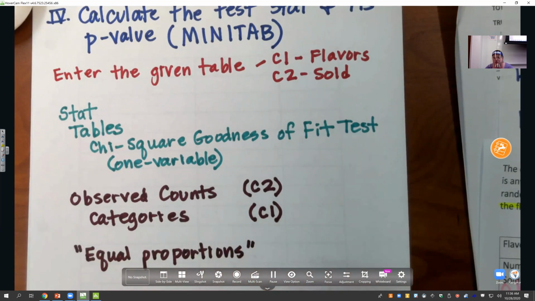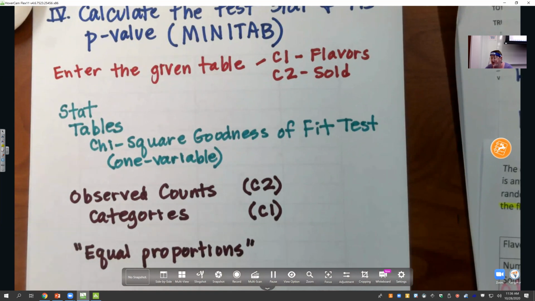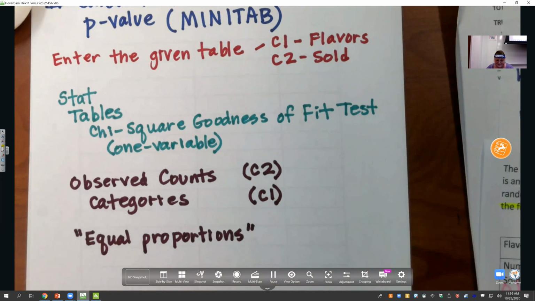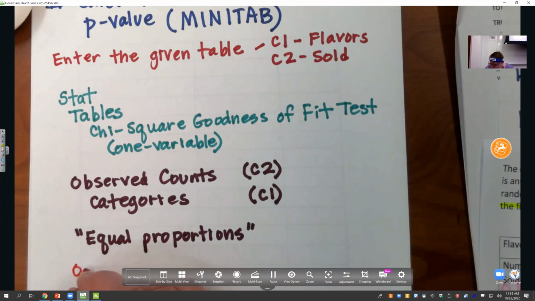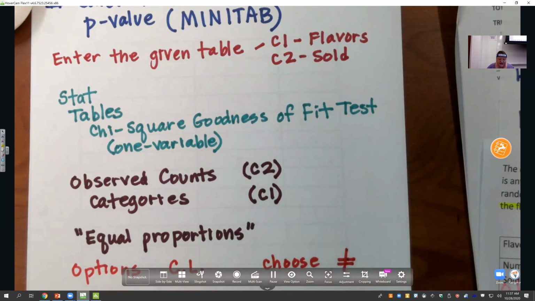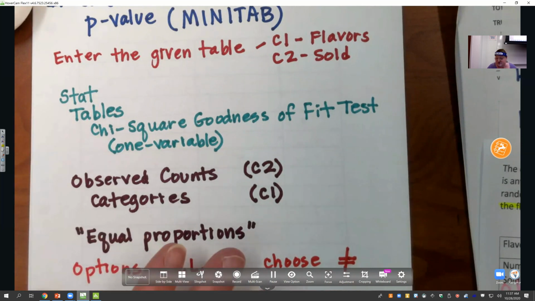Again, this one's equal because the statement was equal frequency. So we choose equal proportions. Then we choose our options button like we always do. You're going to enter the confidence level and choose not equal, I believe, all the time for the hypothesis, because not equal, remember, is at least one is different.